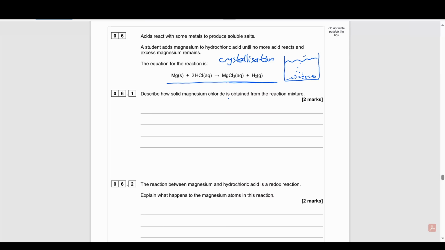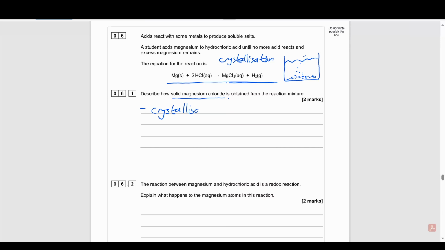So using the information in the question, they specifically told us solid magnesium chloride. Based on my description, the only time that we would get solid magnesium chloride is at the end, where we've got the crystals forming due to the process of crystallization. So that would be the process that needs to be mentioned.